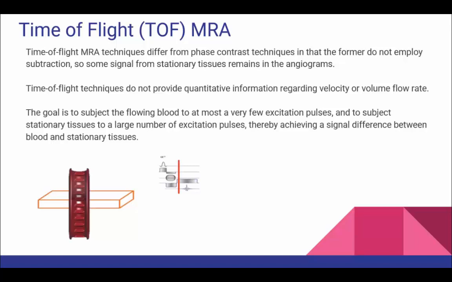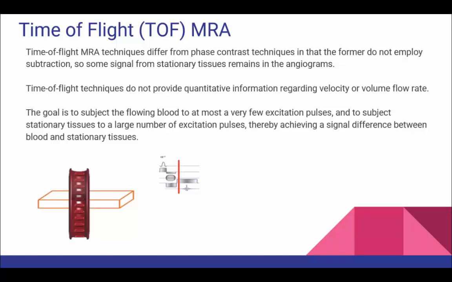Time-of-flight MRI techniques differ from phase contrast techniques in that the former do not employ subtraction, so some signal from stationary tissues remains in the angiogram. In addition, time-of-flight techniques do not provide quantitative information regarding velocity or volume flow rate. Thus, these methods are used primarily for assessing vascular anatomy.